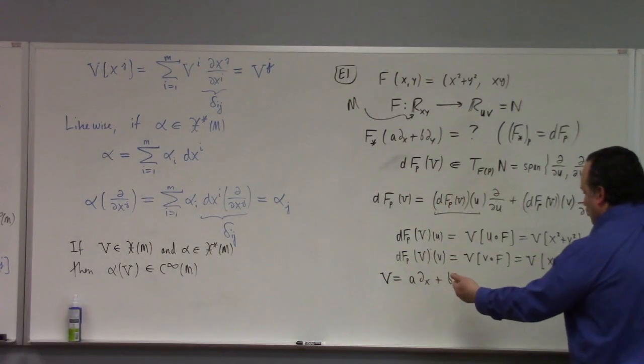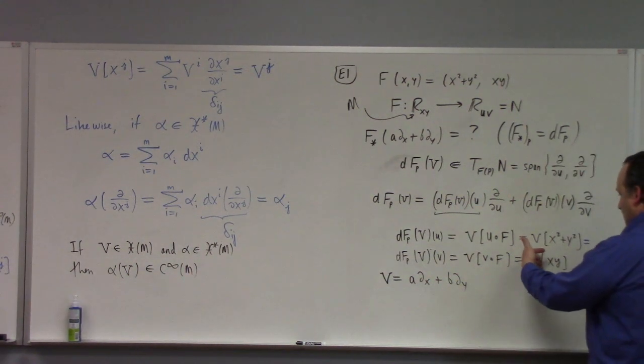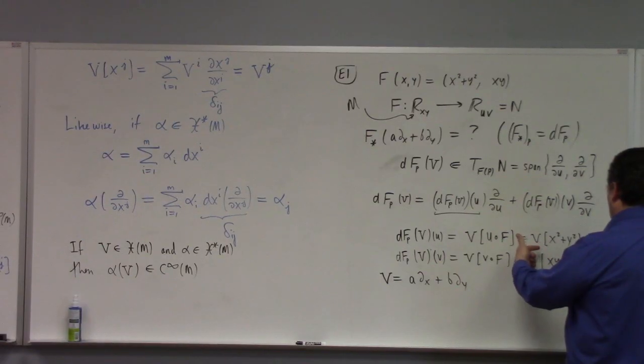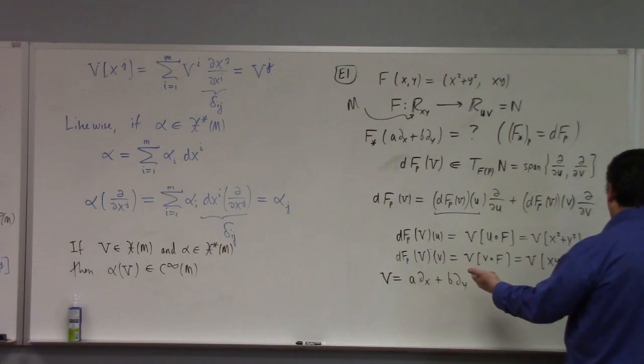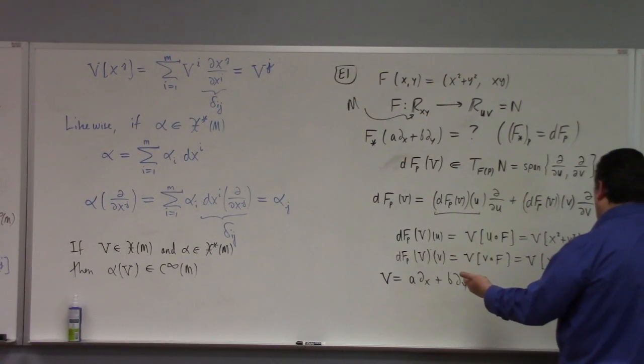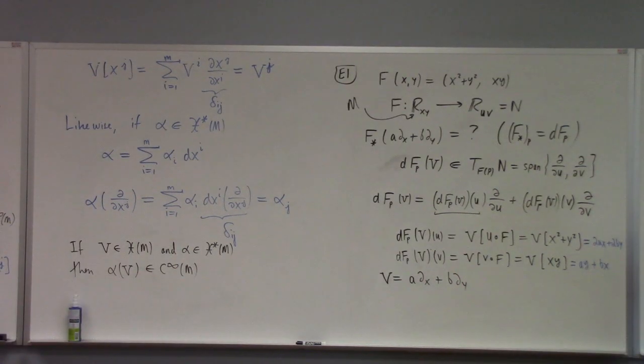So what happens here? Partial x hits it. I get 2ax plus 2by. And this one I get ay plus bx, I think, right? I'm just doing plain old partial differentiation with x and y and partial x and partial y at this point, all right? Put it all together.